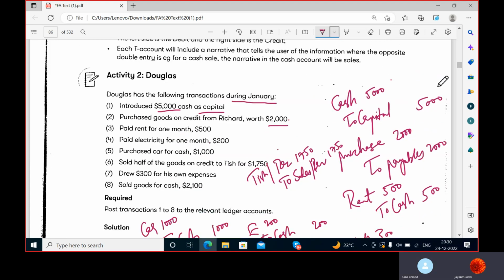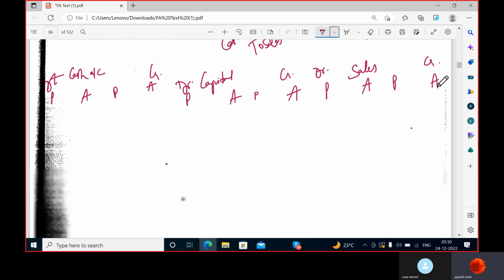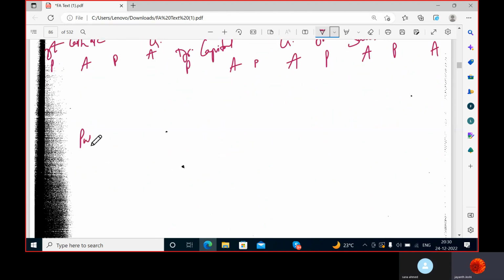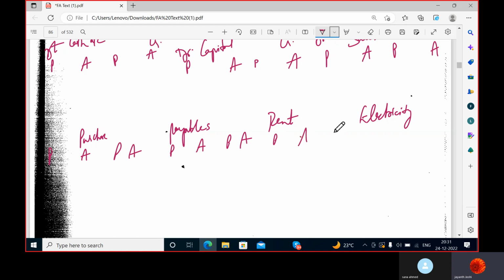Capital done, cash done, purchases, payables, rent, electricity, expenses. It's a lengthy, tedious task to make a ledger. Debit, credit, debit, credit.